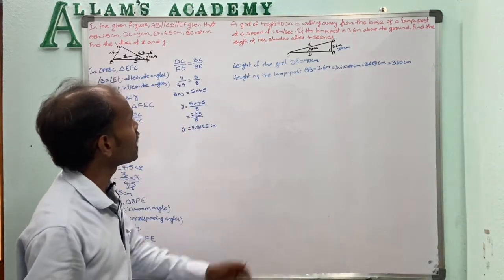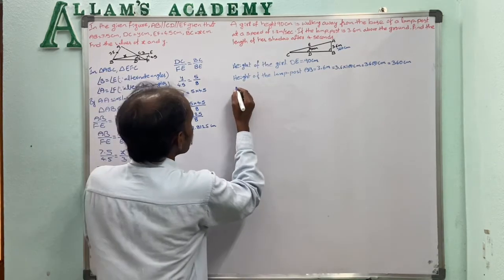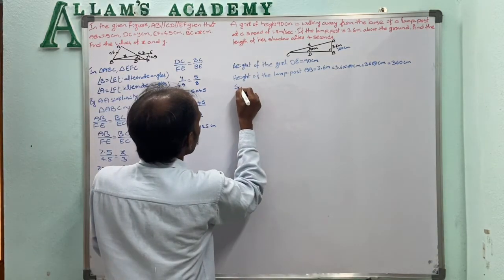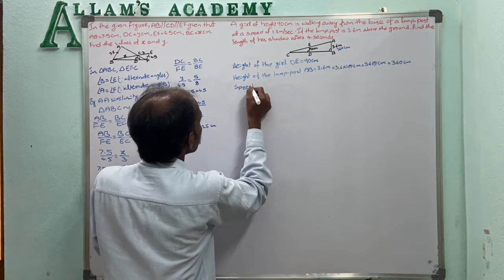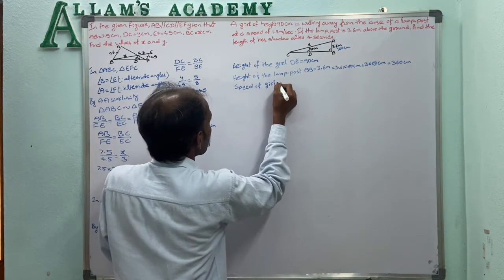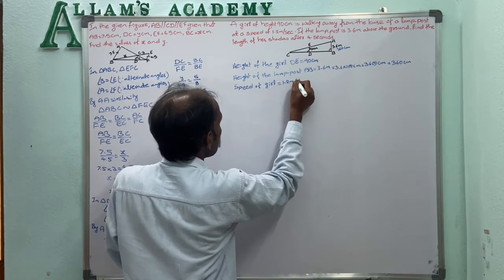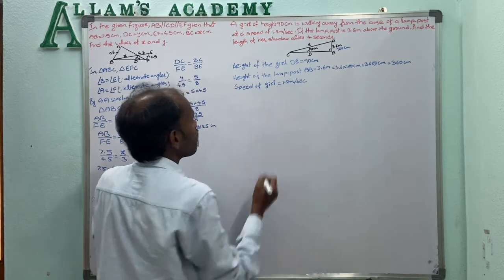Next they are given the speed of the girl child. So speed of girl equal to 1.2 meters per second, given.